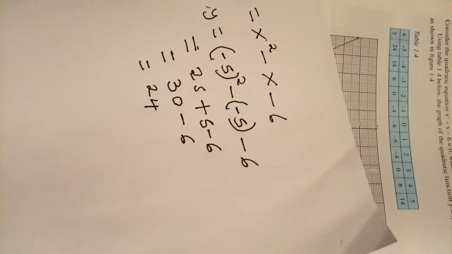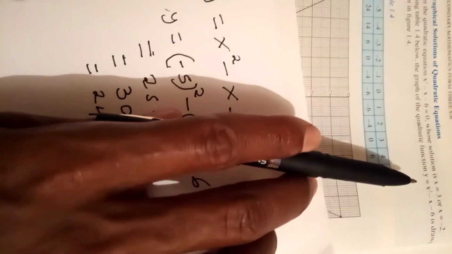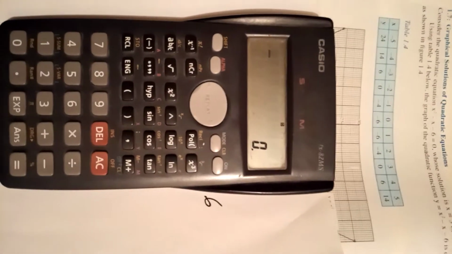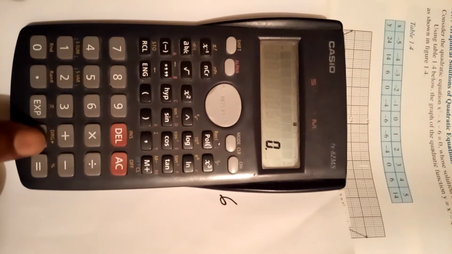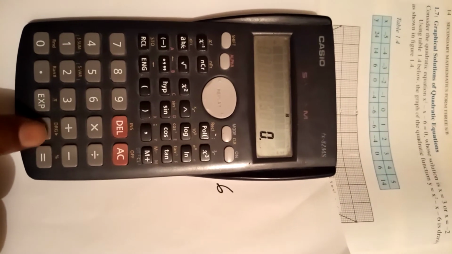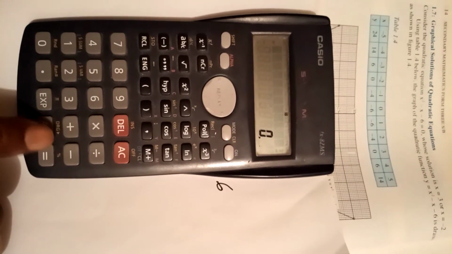Now we can feed the function in the calculator where we have x. We are going to use the answer key. This answer key is going to be our x when I'm feeding the equation in the calculator.